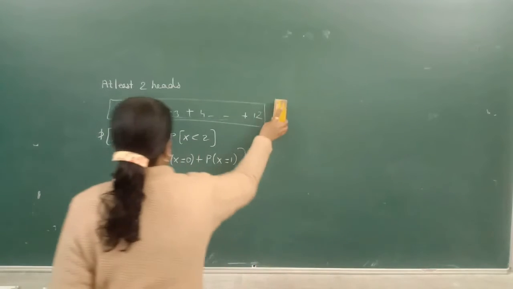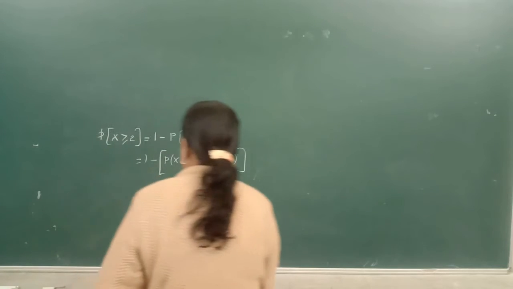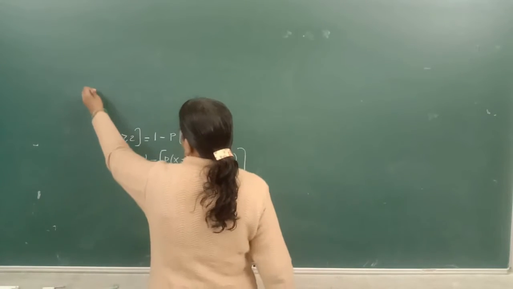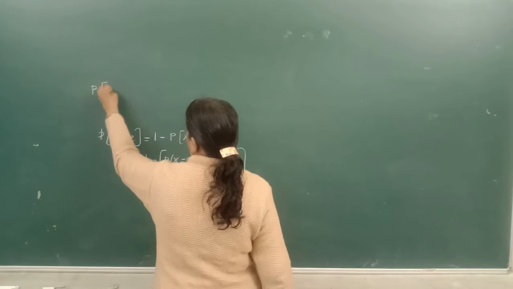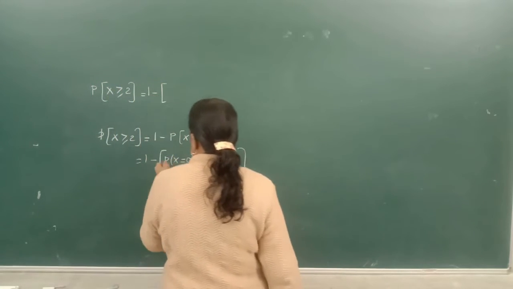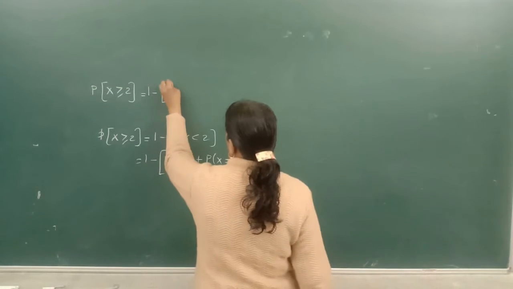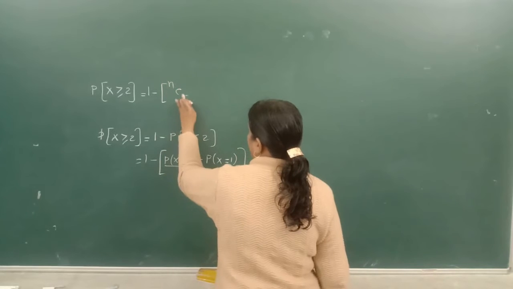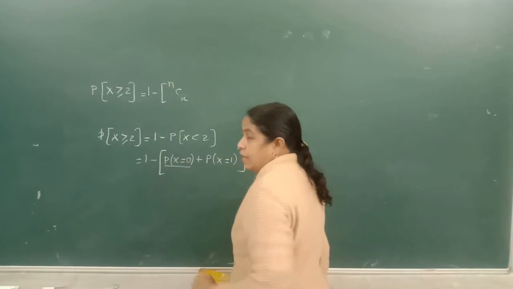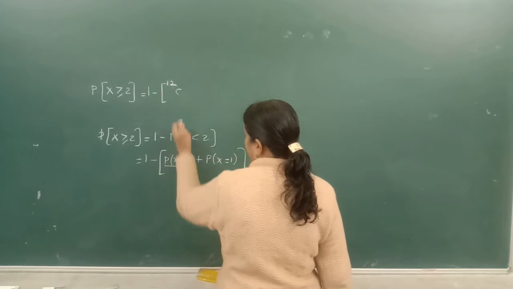Now, you see here. So, what do you get here? P of x greater than or equal to 2 is equal to 1 minus P of x is equal to 0 plus P of x is equal to 1. Now, we know the formula nCx, isn't it? n is 12, x here is 0.